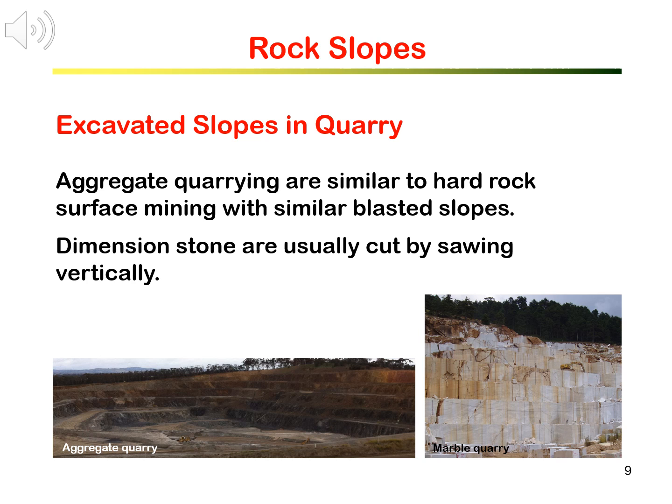Dimension stone quarries, such as marbles, are usually cut by sawing vertically. Therefore, the bench slope is vertical. The slopes are usually stable because of the generally solid and continuous rock mass.